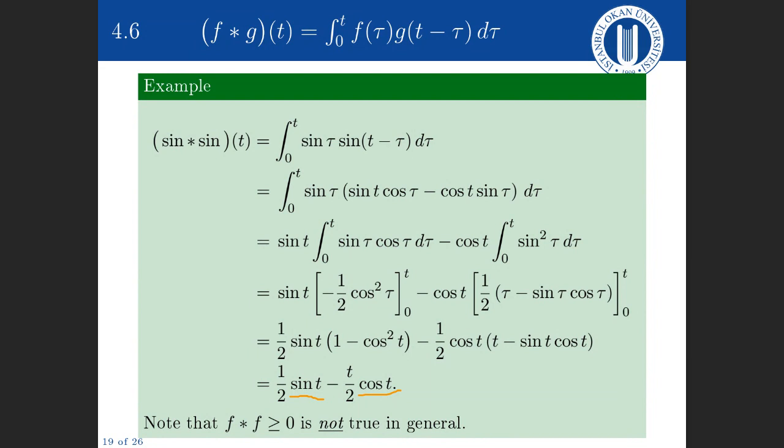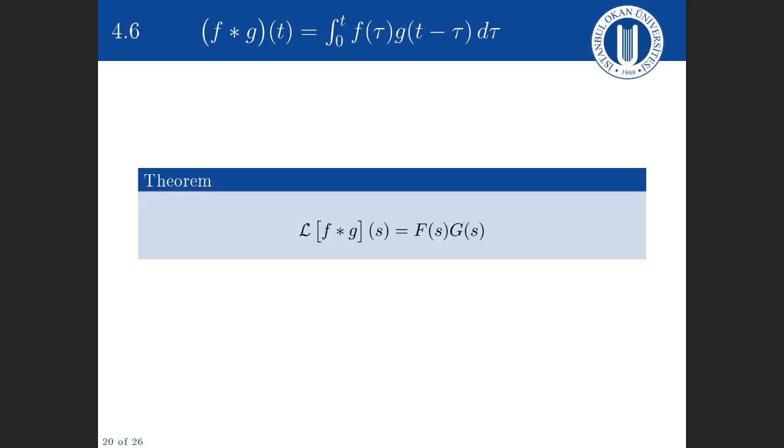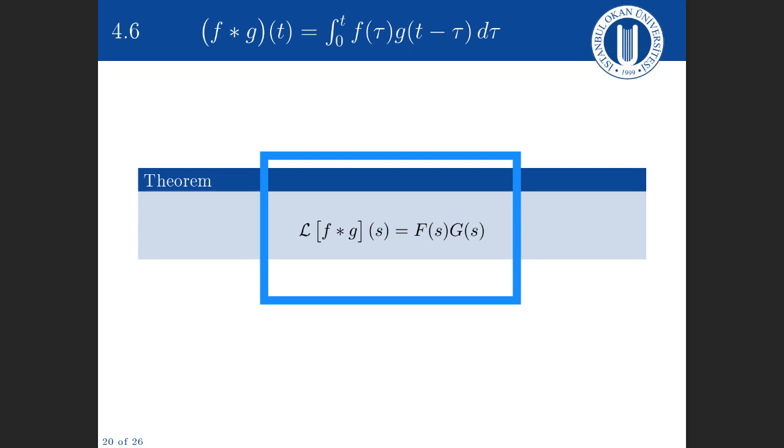Okay, so that's what a convolution is, but why do we study convolution in our chapter about the Laplace transform? Because of this very important theorem. The Laplace transform of f convoluted with g is capital F multiplied by capital G. Let me draw rectangles around this because this is so important to us.